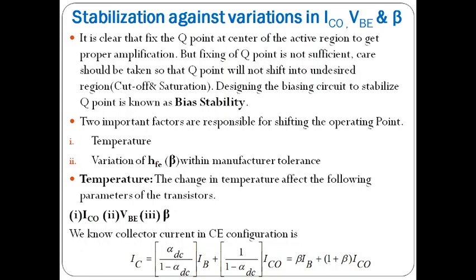So generally this Q point is shifting due to two reasons. First one is temperature and second one is variation of beta or hFE value, which is defined by the manufacturer itself. So this beta is nothing but current gain of common emitter amplifier, otherwise you can say forward current gain. So it is defined by the manufacturer itself, so we cannot change that one.